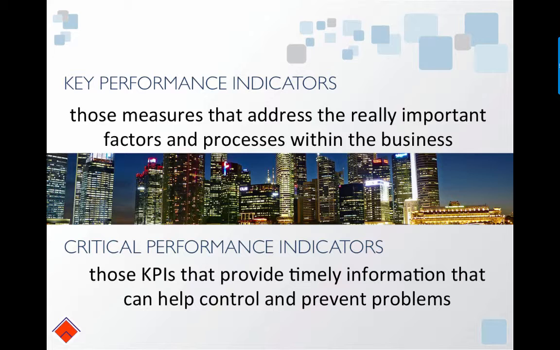If a production line starts producing faulty goods, it's no use learning about that at the end of the week. We need to know now so we can act immediately.